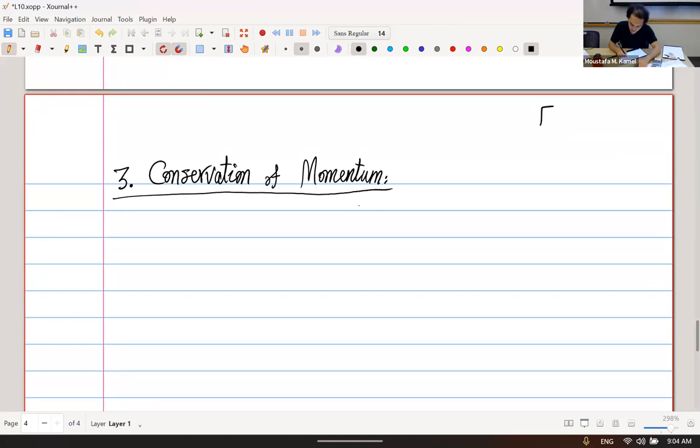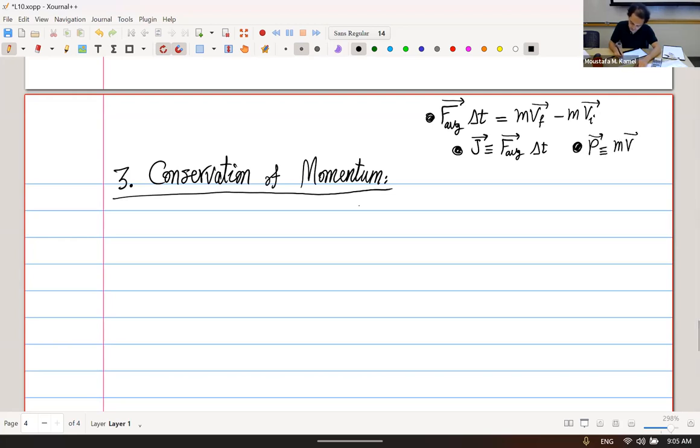Let's have the important equations above, average force times delta t, just to have them in front of your eyes for some time. Okay, so this is what we have so far.